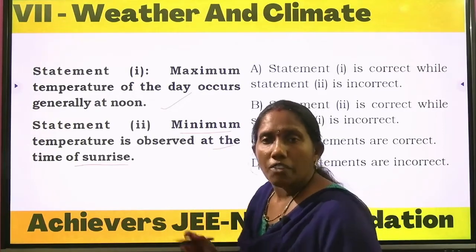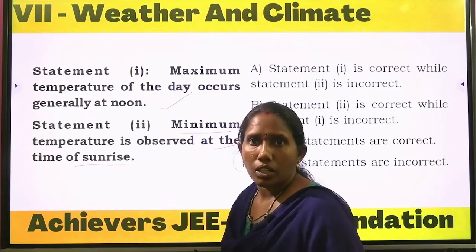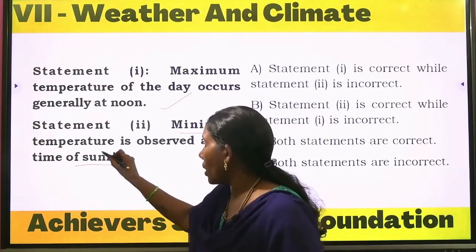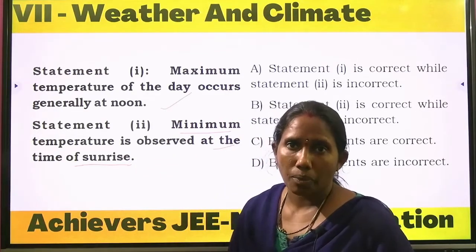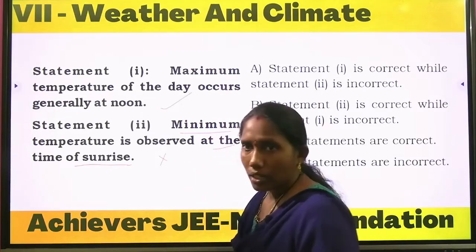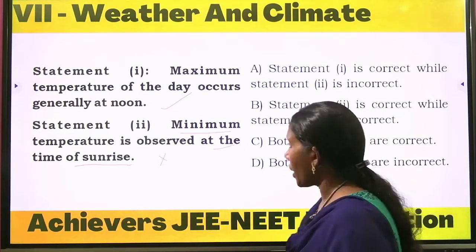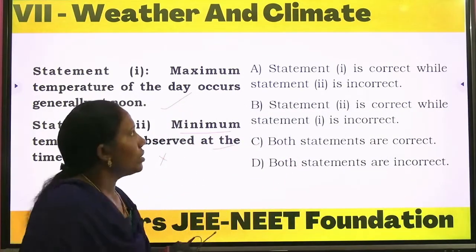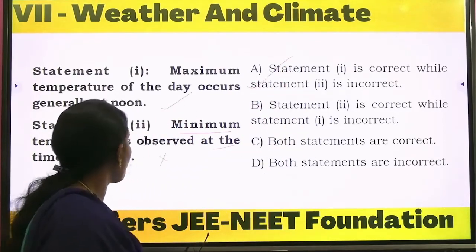No. When will we observe the minimum temperature? At midnight. When compared with sunrise, at night time we will observe the lower temperature. So statement 2 is wrong. So what are the options given? Statement 1 is correct, while statement 2 is incorrect. So I will go with option A.